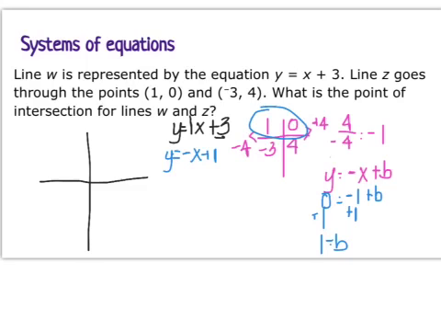Now we could graph these two equations by hand, or we could use the graphing calculator. So the first thing we need to do if we're going to use the calculator is hit the y equals button in the top left corner of your calculator at the top. Once you're in the y equals, you're going to see a bunch of y's.